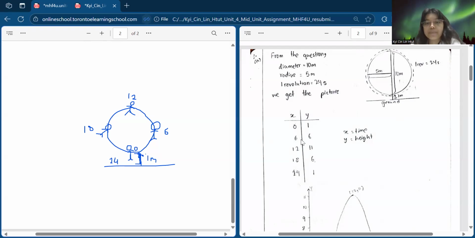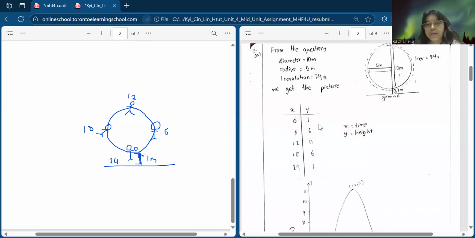At 6, it should be right here. Which means it's going to be like the radius. So it has to be 5 meters, but since it's 1 meter above the ground, it's 6.